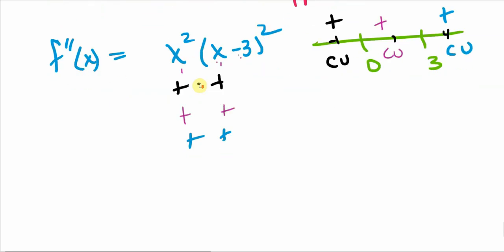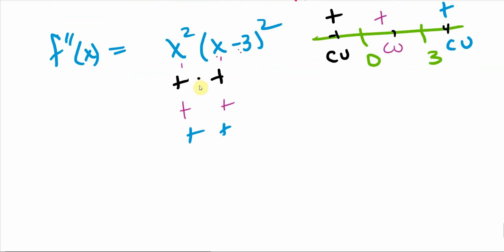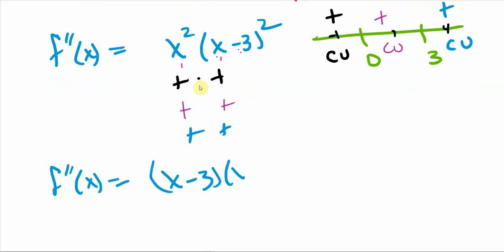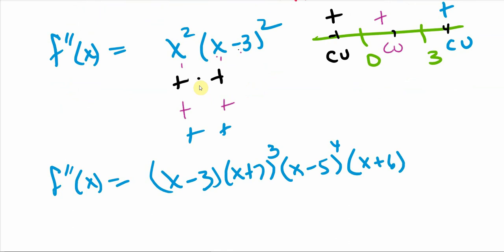Well, I hope some of you are going to be able to tell me the shortcut. It says, oh my gosh, Mr. Quintana, I got it. F prime of x is going to equal (x minus 3)(x plus 7) cubed (x minus 5) to the 4th (x plus 6) to the 5th (x minus 9) to the 8th.